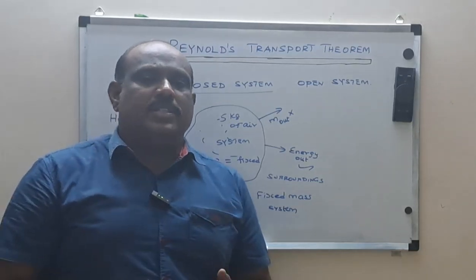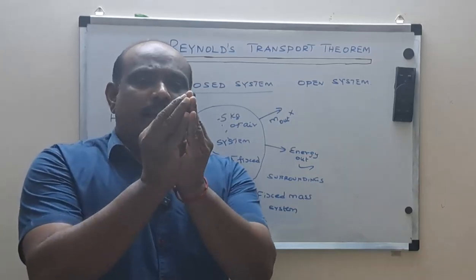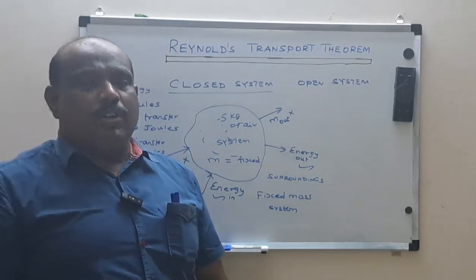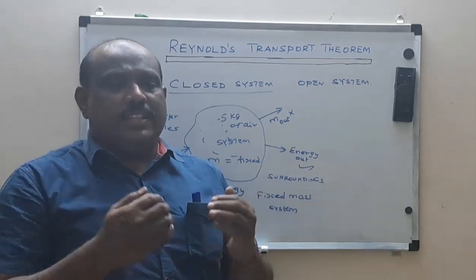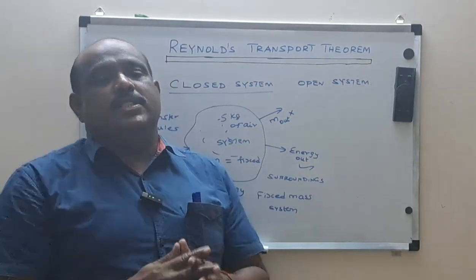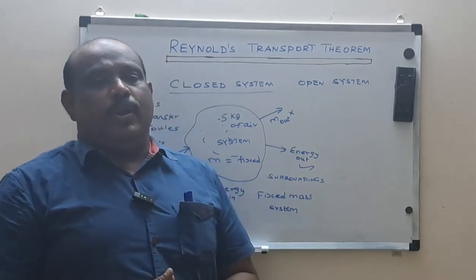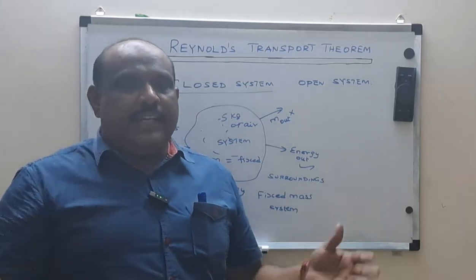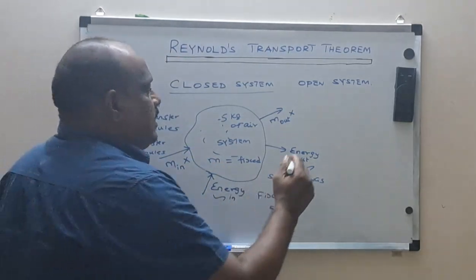So what can I assume as a system? For example, I can assume whatever the air molecules within my palm as my system. There's nothing wrong in that. But I want to study how much mass is entering or how much energy is being transferred to the system. Or I can take this entire room where I am recording this video as my system. I can take this entire city as my system. Or I can take a piston cylinder assembly.